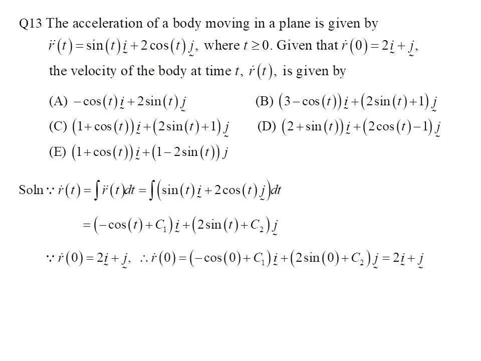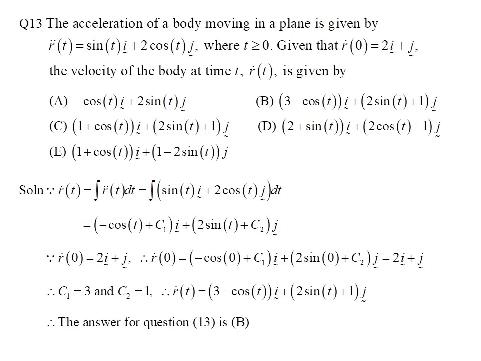Because the initial value of velocity equals 2i plus j, it follows that (negative cosine t plus c1) i plus (2 sine t plus c2) j equals 2i plus j, which gives c1 equals 3 and c2 equals 1. Hence, the velocity at time t equals (3 minus cosine t) i plus (2 sine t plus 1) j. Therefore, the answer for question 13 is B.